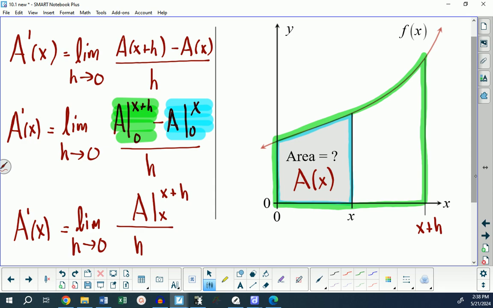It has to be the area between x and x plus h. I mean, ask yourself what you would get if you took the area that is bound by that green highlight that I've made, and you subtract the area that's bound by the blue. Well, what you would get is this area.